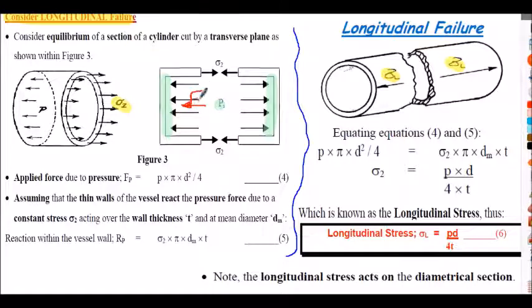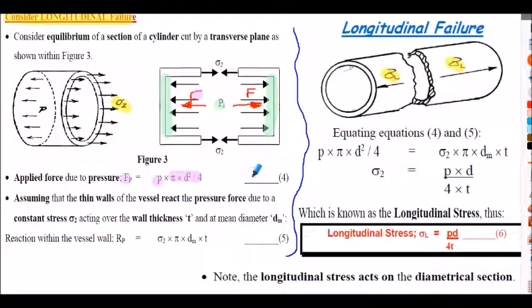Okay, if I want to work out that force, then the force F is simply going to be the pressure times the area, and the area is going to be pi d squared divided by 4.